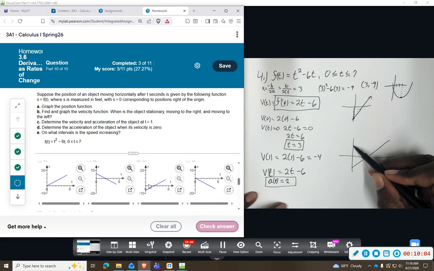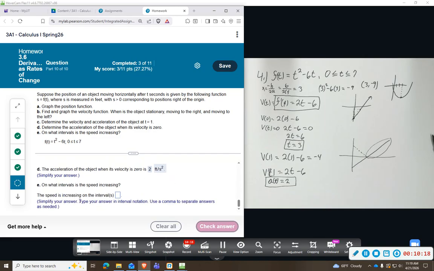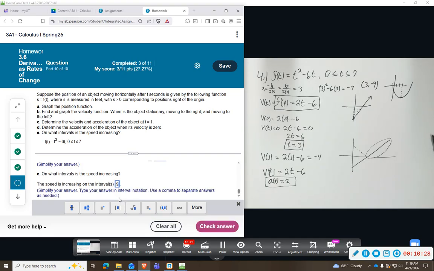This is a negative slope, and this is a positive slope. So we're just focusing on this part right here. We will say the speed is increasing on the interval from 3 to 7. I think we still use a bracket, 3 to 7.